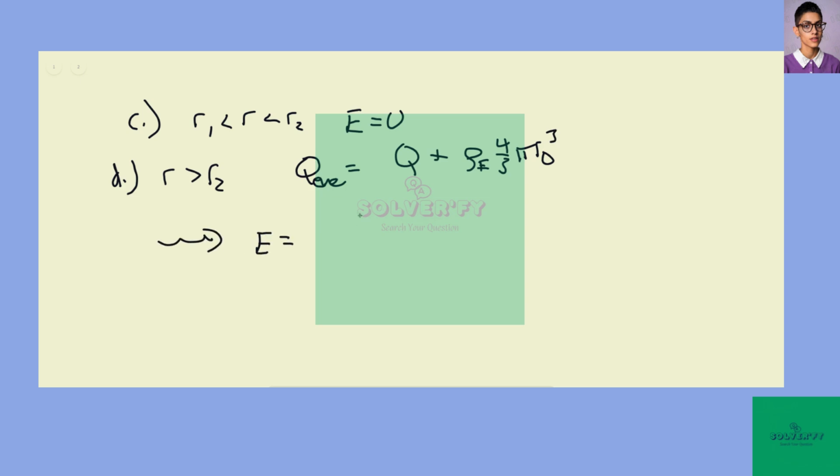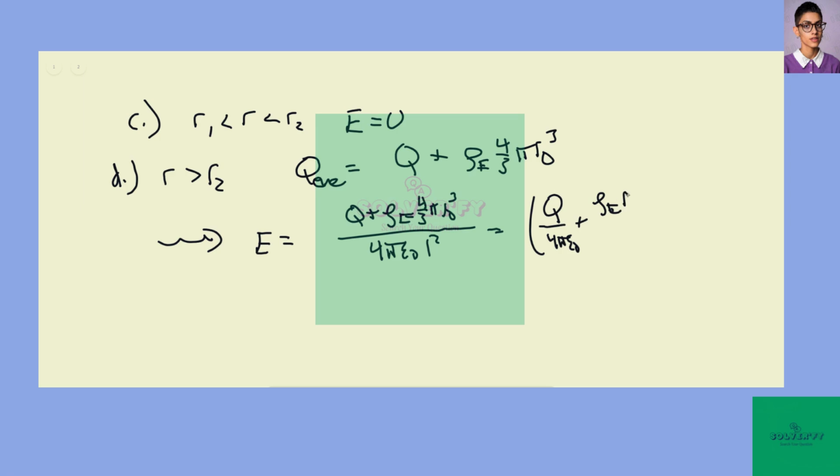So our electric field now becomes Q plus rho E times 4/3 pi r naught cubed, all over 4 pi epsilon naught r squared. Or if we want to simplify this a little bit, we can write Q over 4 pi epsilon naught plus rho E r naught cubed over 3 epsilon naught, all times 1 over r squared.